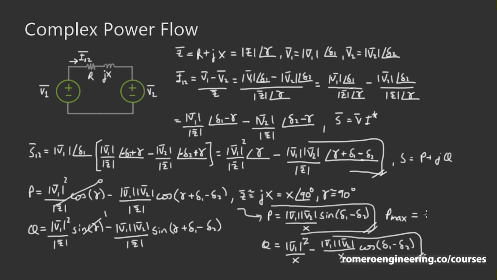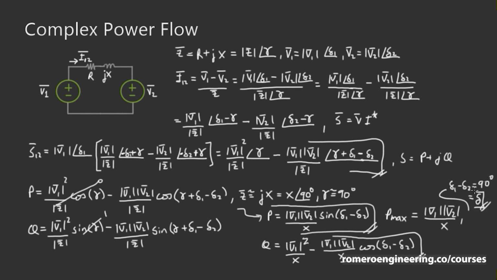So we can say P max then is going to be equal to this, and it's going to occur when, I'm running out of space, but I'm going to say over here, that occurs when delta 1 minus delta 2 is equal to 90 degrees. And this term, delta 1 minus delta 2, is typically referred to as the load angle and is abbreviated just delta.